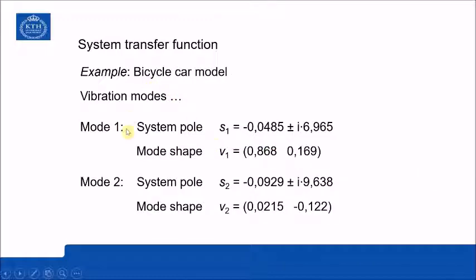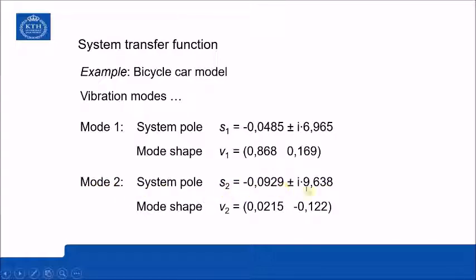So if we summarize for the first pole, we obtain the first vibration mode. The system pole for this is equal to this, as we saw before, and the mode shape vector is this. And if we do the same thing for the second pole, we can find the modal properties of mode 2.